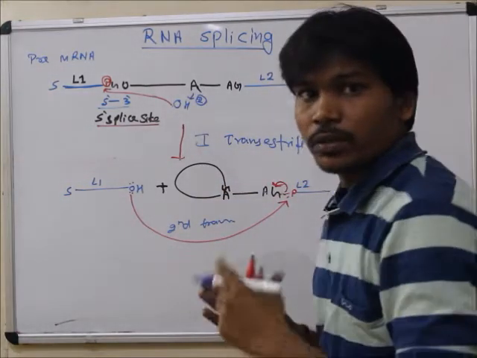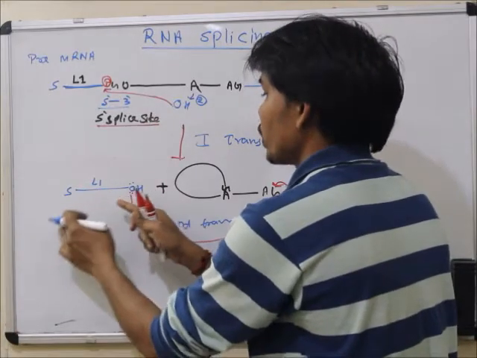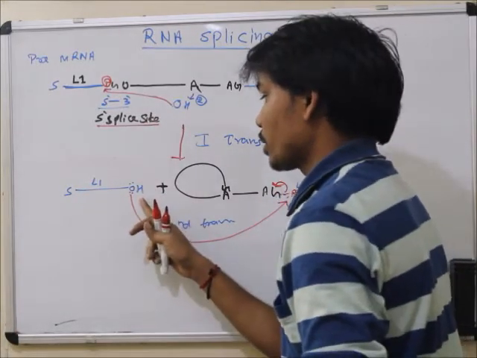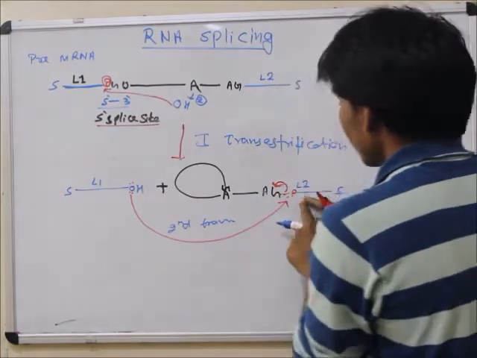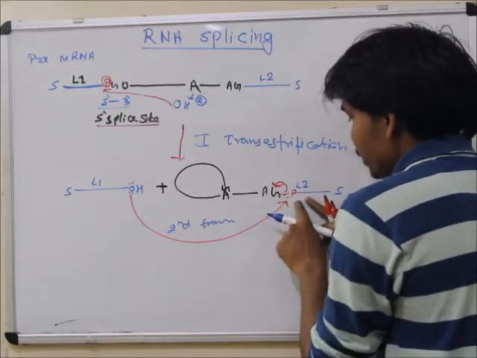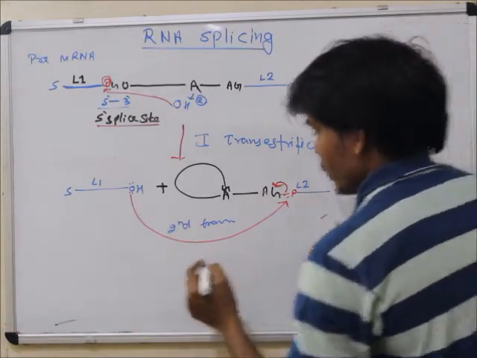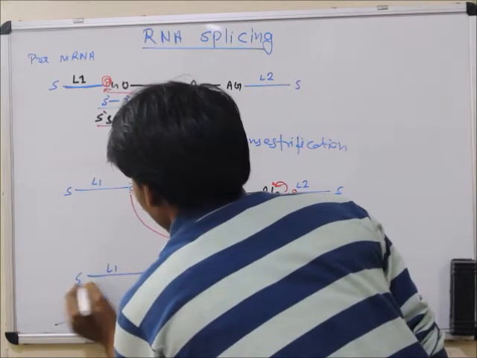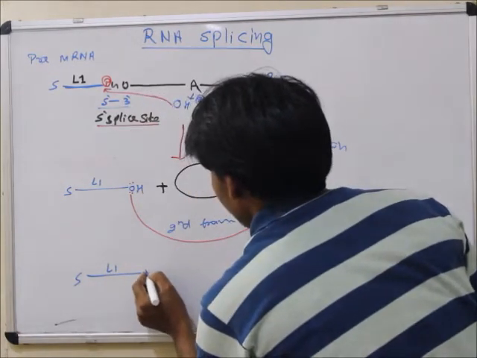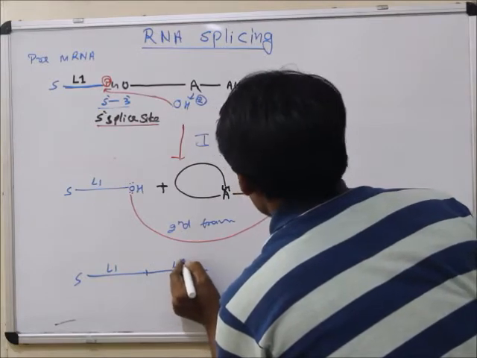Again the question, what would happen in the second trans-esterification reaction? Then you can say that the exon's hydroxyl group reacts with the intron-exon junction of the phosphate, making what? L1, 5 and L2.